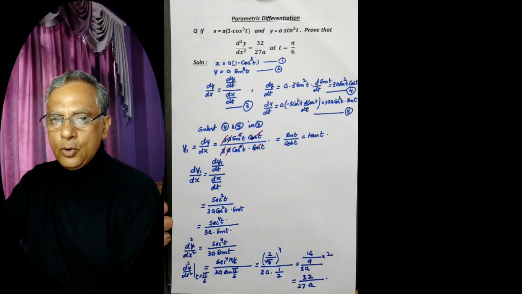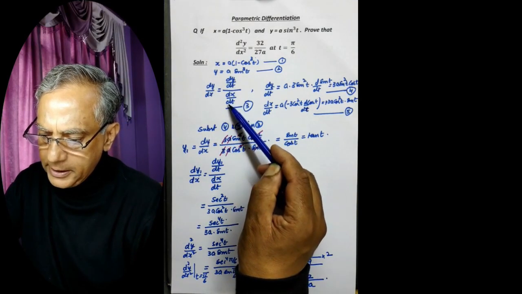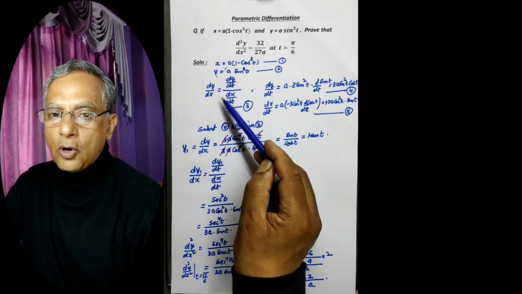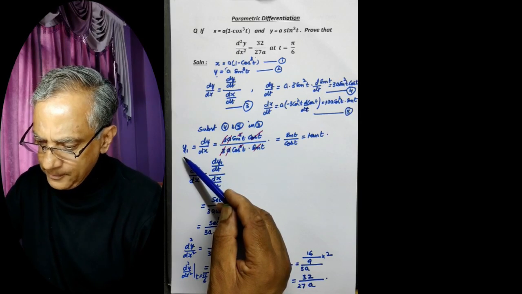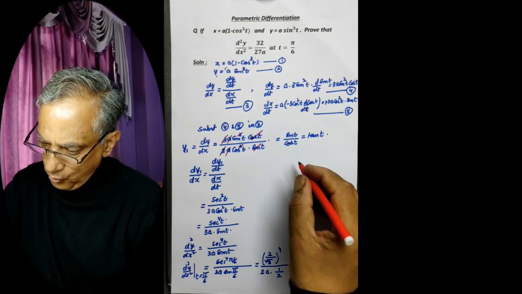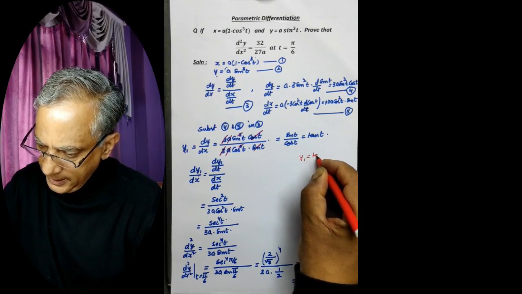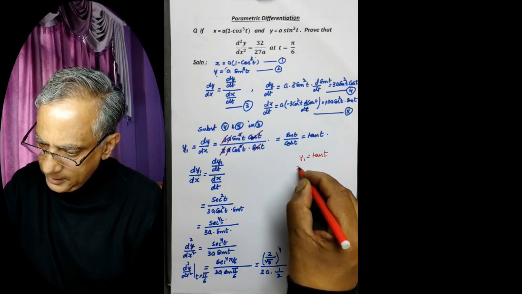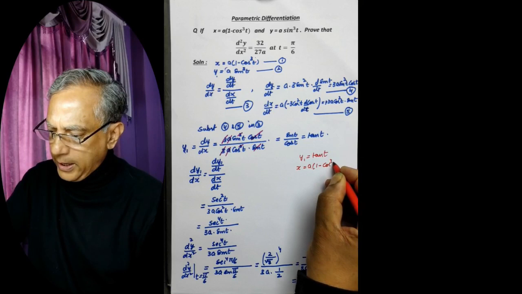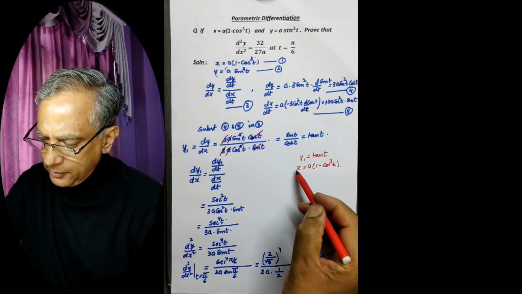So what we do is dy by dx is dy by dt over dx by dt. Find dy by dt from here and dx by dt from here. We will get the first order derivative. Denote it by y1, and now the question changes to y1 is equal to tangent of t, and x is a into 1 minus cos cube t, and we have to find the derivative of y1 with respect to x.